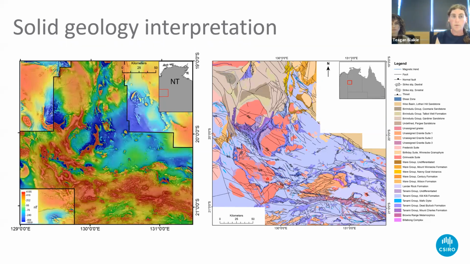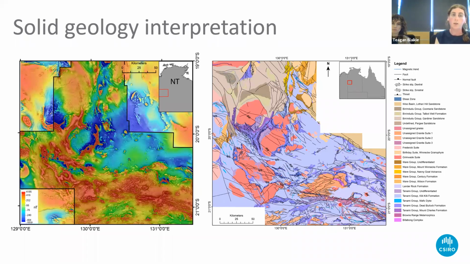You can see they're ringed by these magnetic units related to the Tanami Group, surrounded by contact aureoles. You can see the large amount of structural detail we've been able to incorporate into this, particularly related to some brittle faulting and some shear zones down here in the northwest Aileron Province, and a lot of later faulting and overprinting of these granite intrusions in this area here.